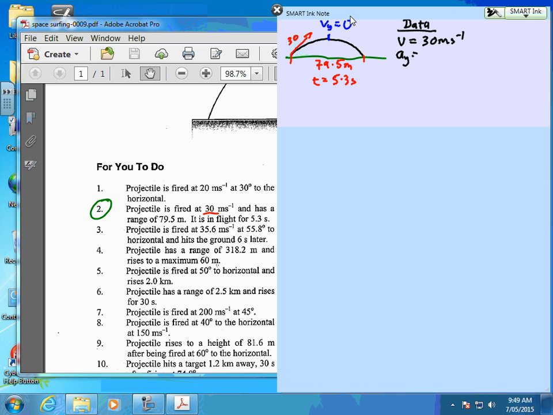Now there's a trick to this as well that you must remember. If my velocity is up and is positive, my gravity is in the opposite direction. So what do I have to do with it? Give it a minus sign, because it's in the opposite direction. The other thing I know, of course, is my horizontal acceleration is always 0. That's not a problem.